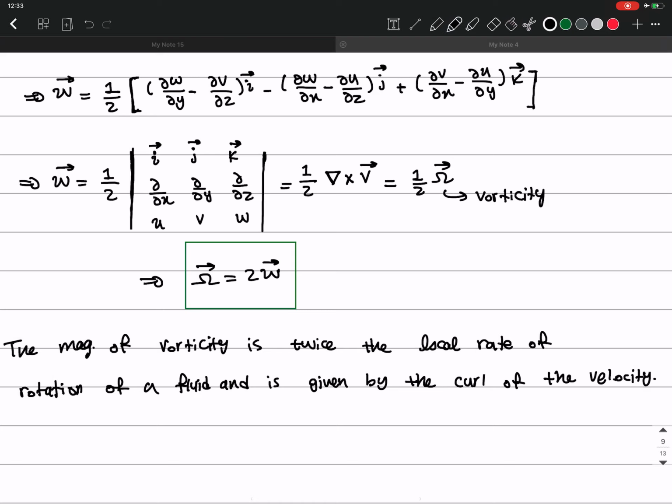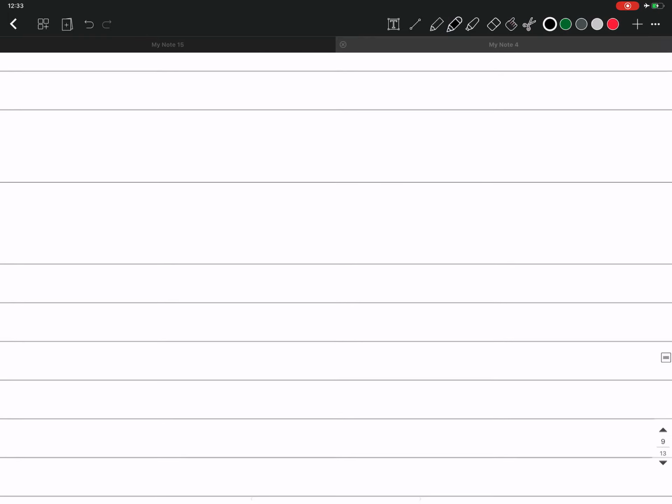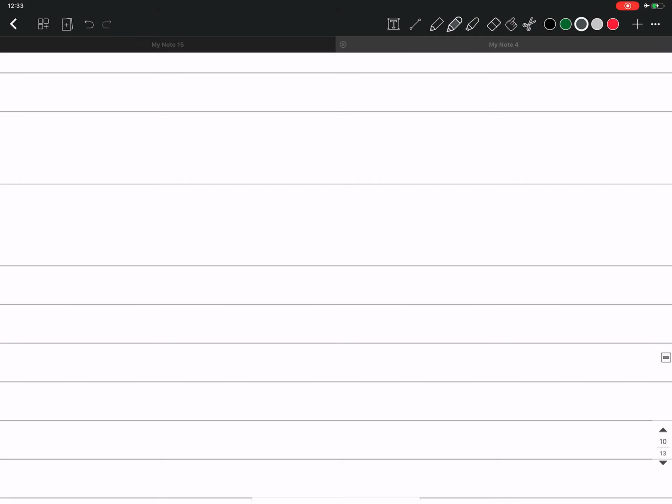So we typically define rotational flow and irrotational flow based on the vorticity. Okay, so for example, we define rotational flow as follows: omega is the curl of velocity.